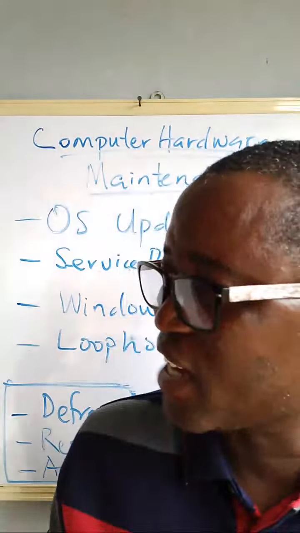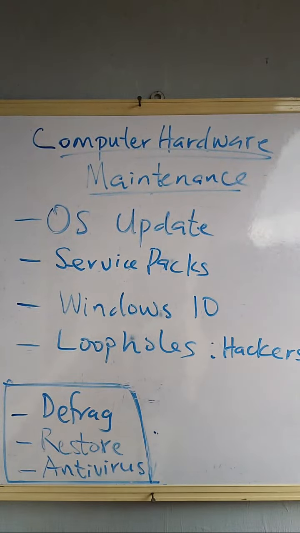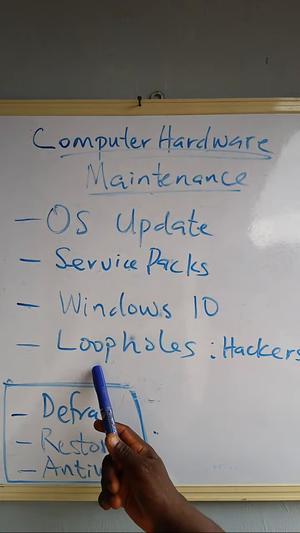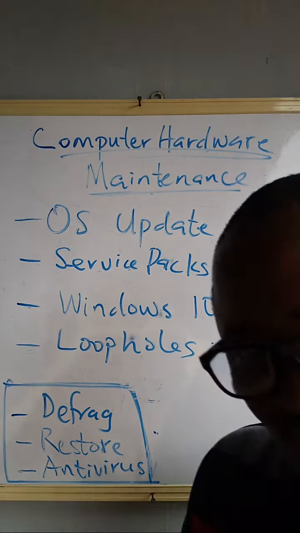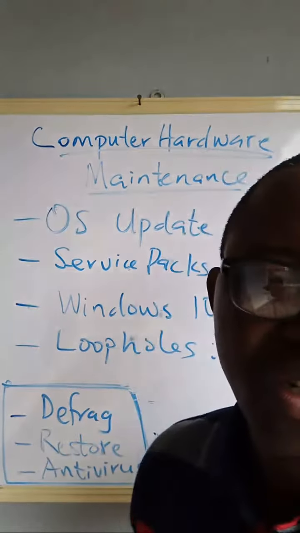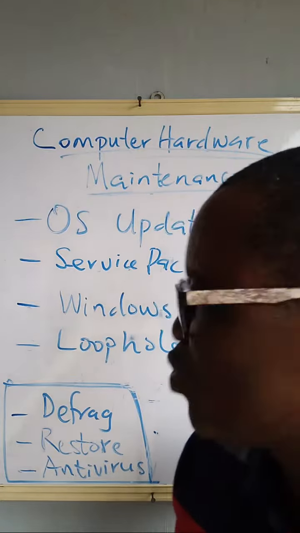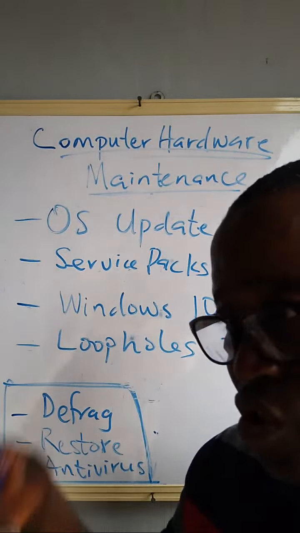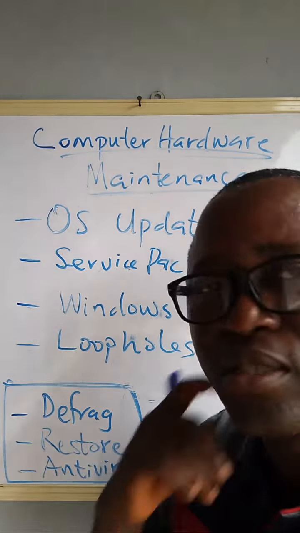And so when these are discovered, when they have loopholes, areas, lapses in the software where there could be infiltration of your system, then they need to develop software to block those loopholes. So when they have developed that software, they will release it as an update to your Windows operating system. And what you do is to install the update to actually get your system secured at this point.